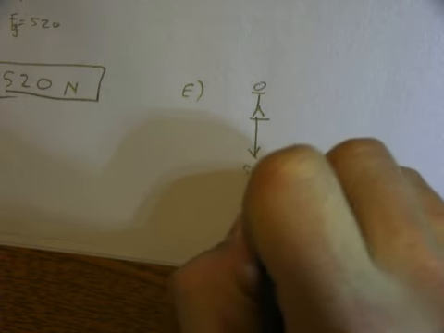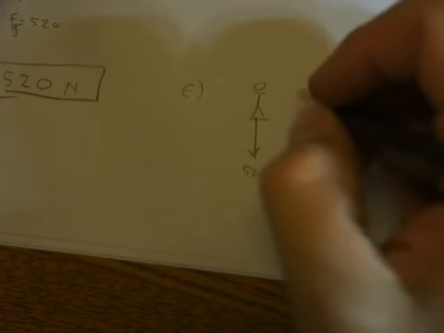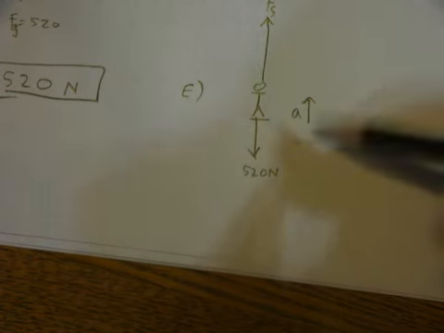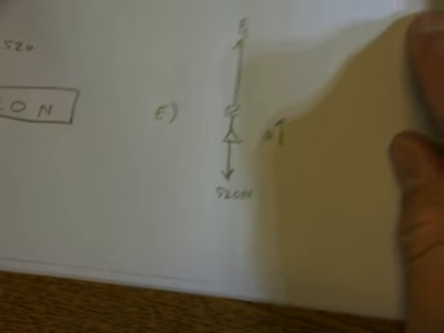You still have your downward force of 520 newtons. Now you're slowing to a stop, so your acceleration is in this direction. When you slow to a stop while moving downward, you're accelerating upwards. That means that the force of the scale has to be bigger, because if you accelerate up, there has to be an excess force in the up direction.